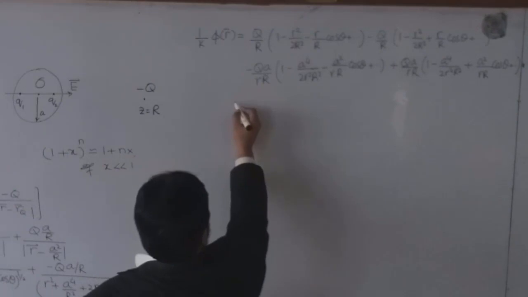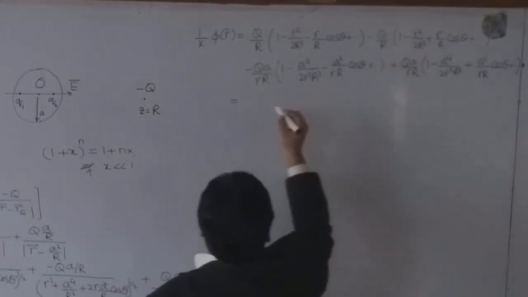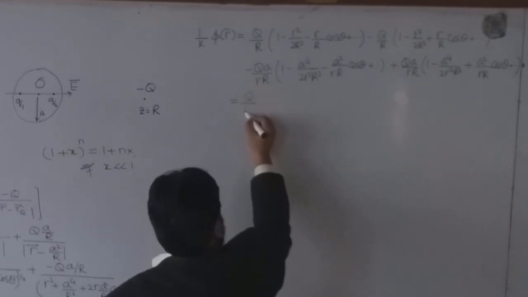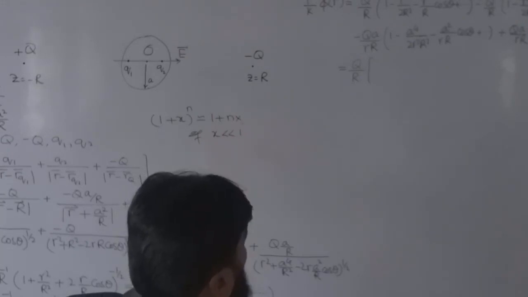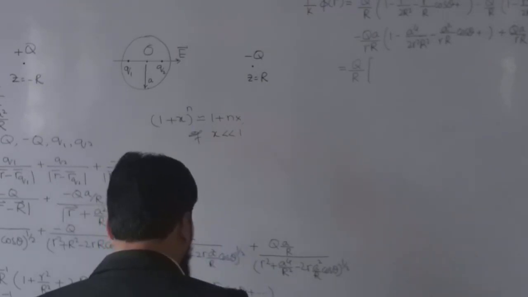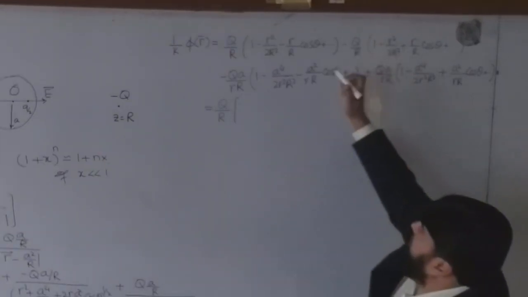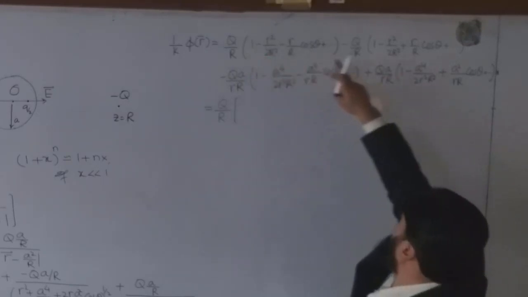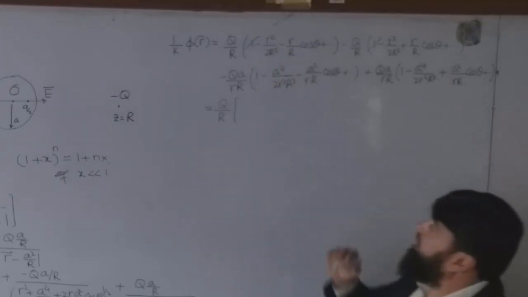And now we can combine them. So this is equal to Q over r, which I can take as common. If you take Q over r as common, then what's remaining? Cancellations directly, so that it will save us some time. Q over r is common, this is 1 and this one is minus 1, so these two are actually cancelling.